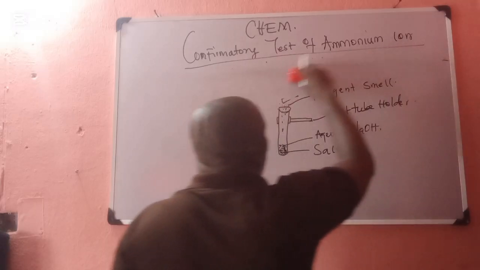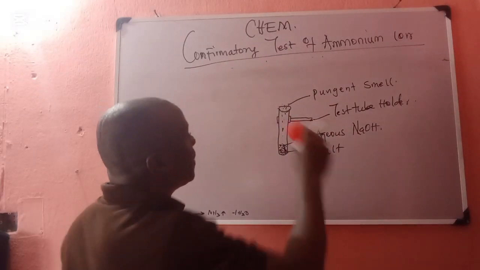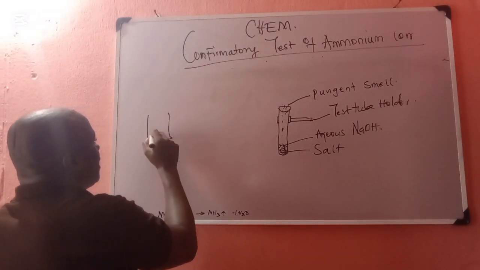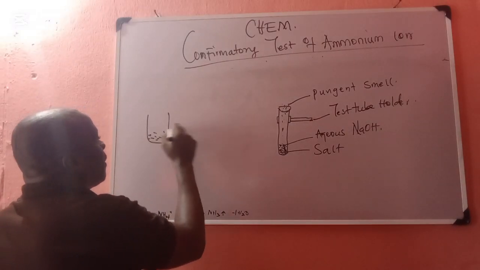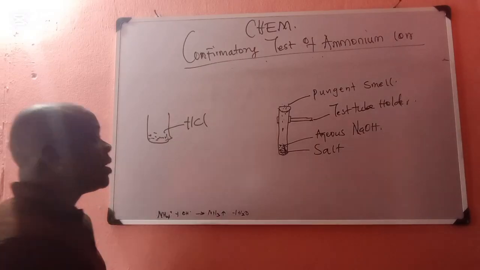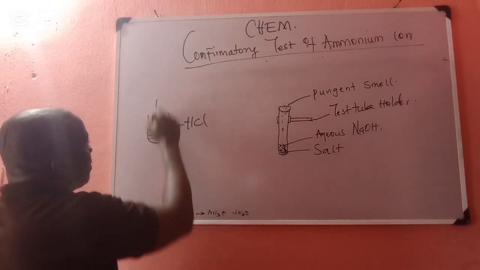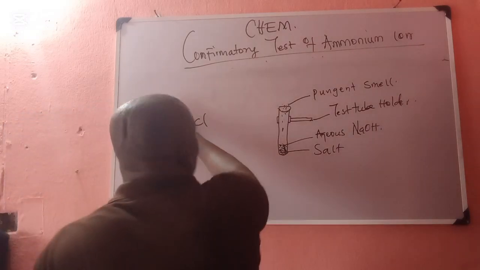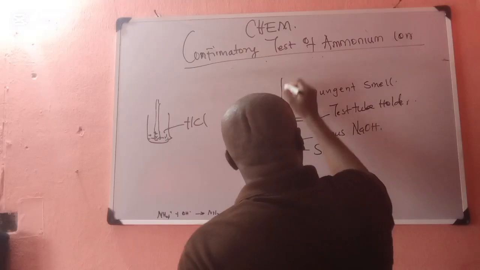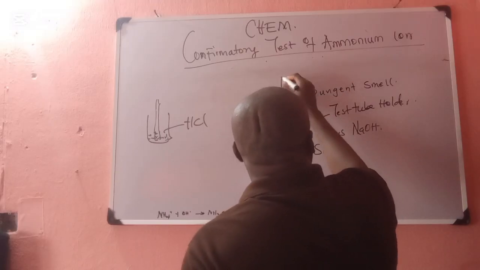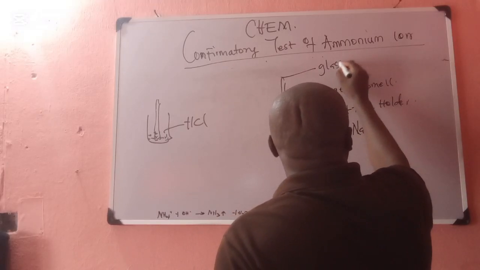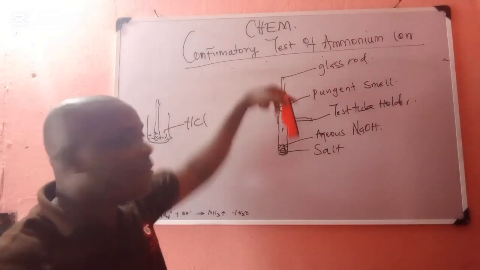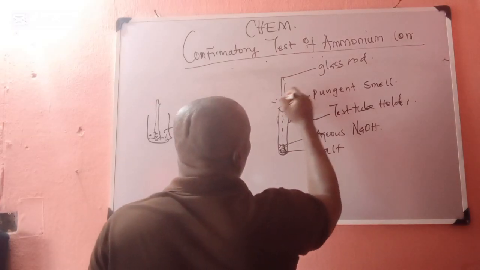After that, to confirm this also, you have a beaker of your HCl, and you dip your glass rod into it. When you bring this glass rod to this point, it will generate a white film.